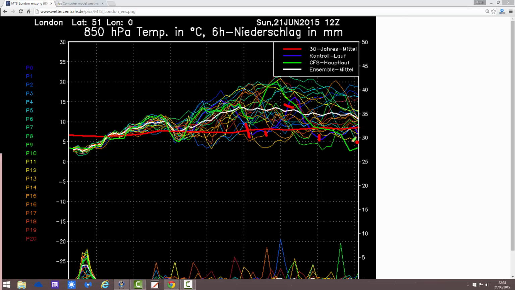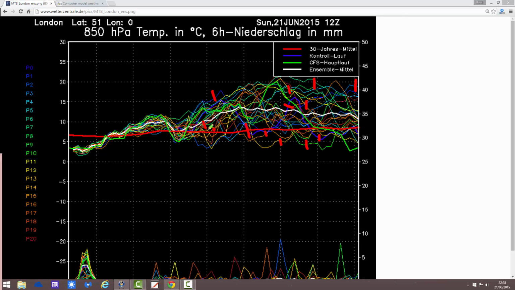And finally, that brings us back to all the other coloured lines, all the other perturbations. They look a bit like spaghetti, don't they? But what each one of these coloured lines is representing is an individual member of the GFS ensemble. So, for instance, these lines down here are all members of the GFS ensemble, and all of these lines up here.